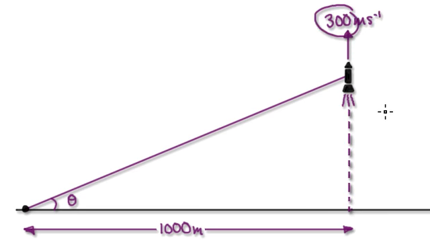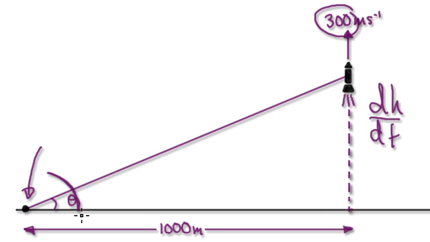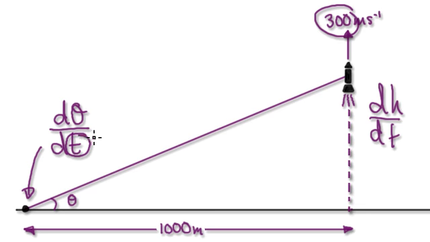So this 300 here represents dh by dt, and what the camera is concerned about is the angle. How far should it rotate this angle here? Well, the camera is only concerned about d theta by dt. So how fast should it rotate per unit time?